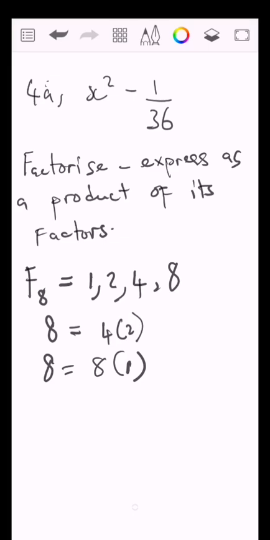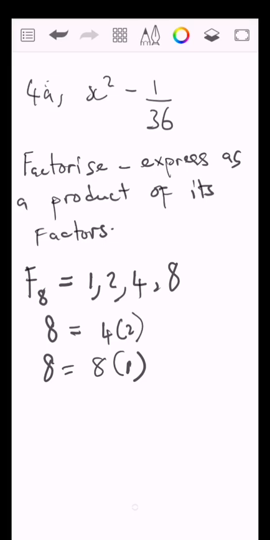Kana takuzoenda ku algebra, tinenge takuapply factorization to algebraic expressions. And the algebraic expressions, they contain unknown variables. Like in this case, x squared minus 1 over 36. Because muna x, which is a variable, which is an unknown, so that we have an algebraic expression.